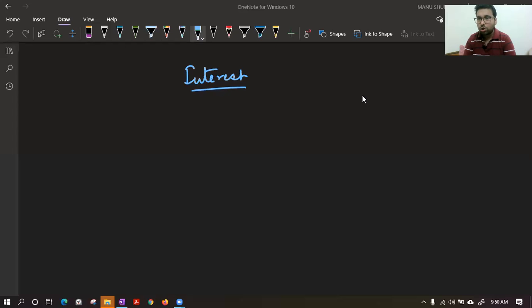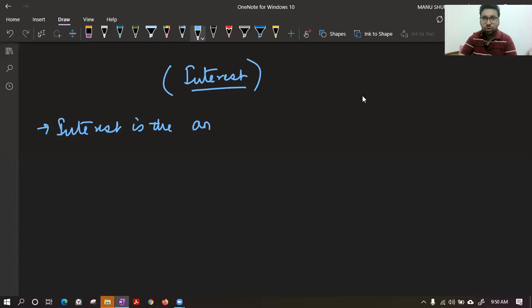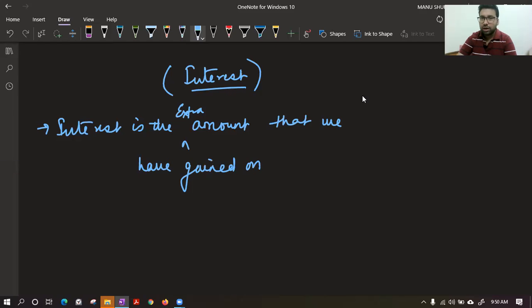Yes, this is called interest. So interest is the amount we have gained on the principal amount. So interest is the amount, or you can say the extra amount that we have gained on our original amount.